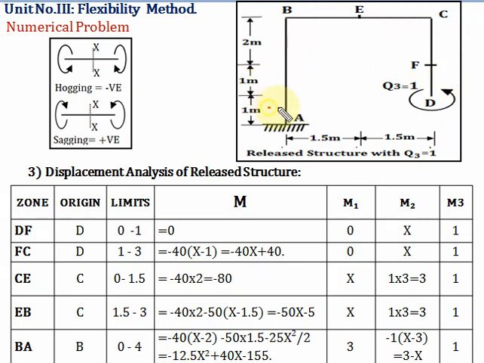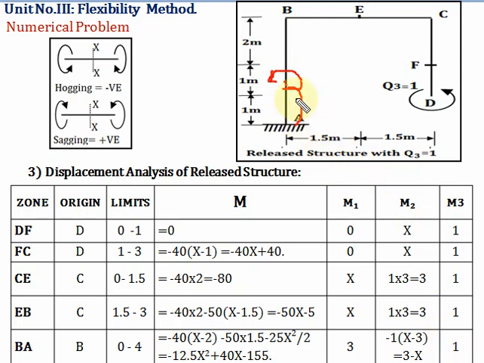Now for BA, if you take the section here now and measure x from B point, okay, so this moment will act in this way. Or if you are not getting, suppose at this point the moment is acting like this. So due to this moment, here there will be a sagging moment.